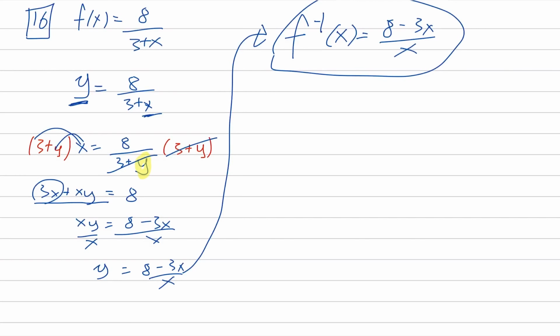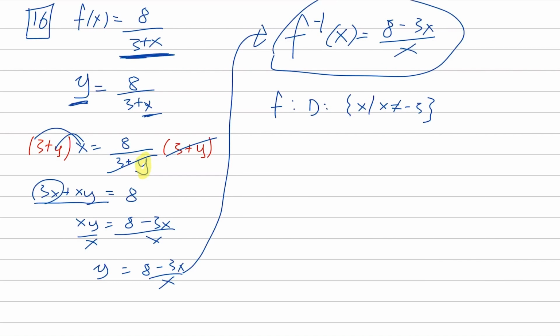Okay, so then it asks us to find the domain of f and f inverse, right? So let's find the domain of function f first. So the domain is anything such that x cannot equal negative 3 here, right? Because as we can see, we cannot plug negative 3 here. Okay.